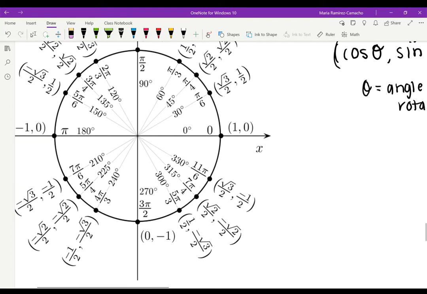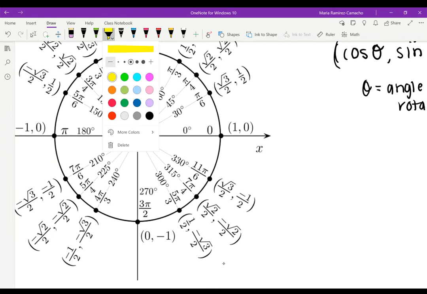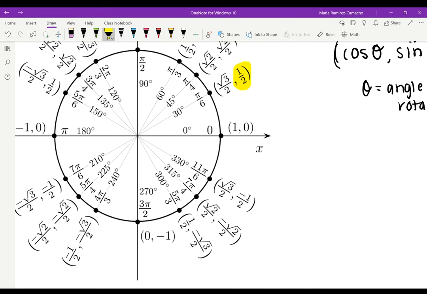Okay. Right here at 30 degrees, or pi over 6, whatever mode you want to use, notice that the sine of 30 degrees is 1/2 because it's always cosine comma sine. Okay, that is one place that Kaylee could have gotten stuck.